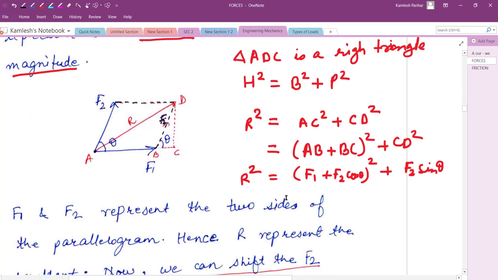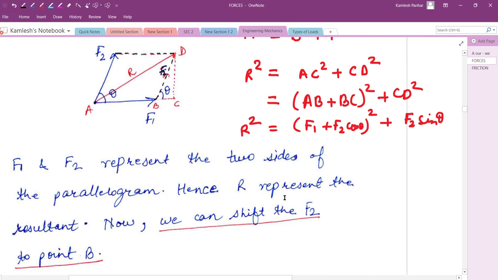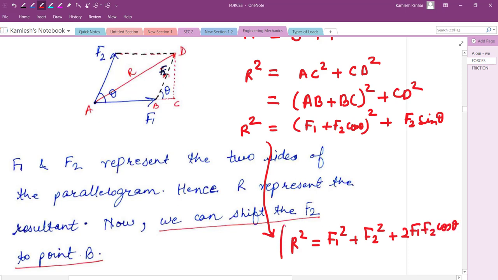When you open this bracket and solve, you will find the expression as I am writing here. You will get R square equal to F1 square plus F2 square plus 2 F1 F2 cos theta. So this is the final answer.